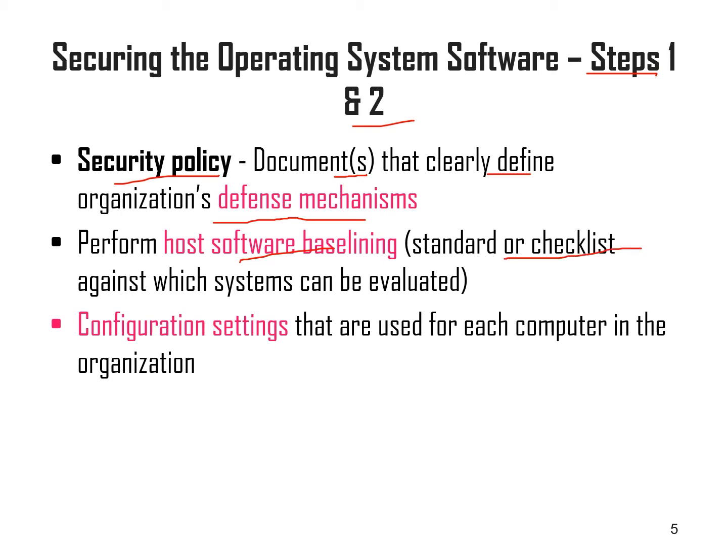It is a standard or checklist against which the systems can be evaluated. Every system has its own checklist, so based upon that checklist, that particular system can be evaluated, along with the configuration settings used for each computer in the organization. So these are the first 2 steps we studied in the previous slide: security policies and software baselining.